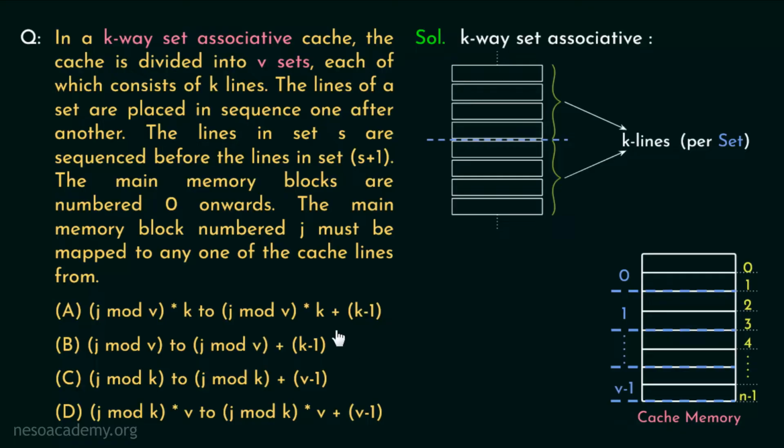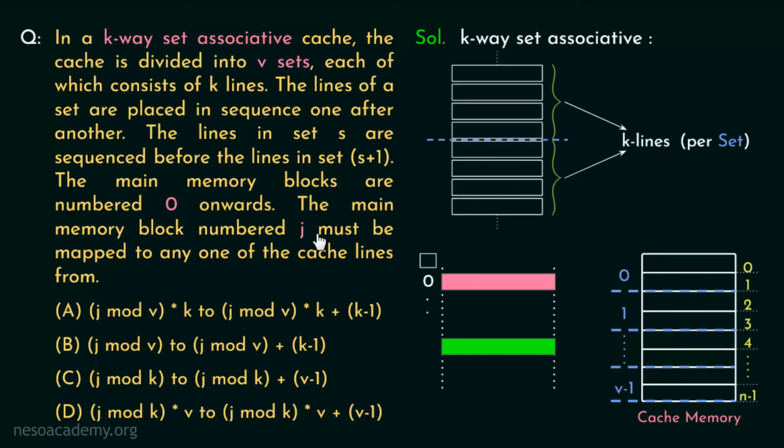Now it's mentioned in the question itself that the main memory blocks are going to be numbered from 0 onwards. Suppose these are the main memory blocks. In that case, this is the main memory block which is going to be numbered as 0. And now we are to find out where the main memory block number J is going to be placed. Suppose this is the main memory block number J and the question is where it will be placed inside the cache memory.